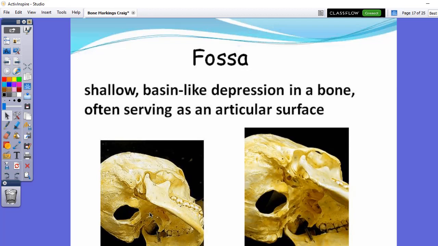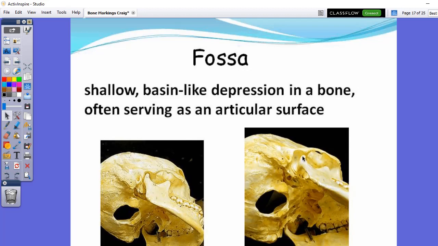Next we have a fossa. A fossa is almost like a bowl. It's called a shallow basin-like depression, but what that means is that there is a bowl or a scoop out in a bone. If you compare these two pictures right here, you can see the picture on the left has the jawbone in place.